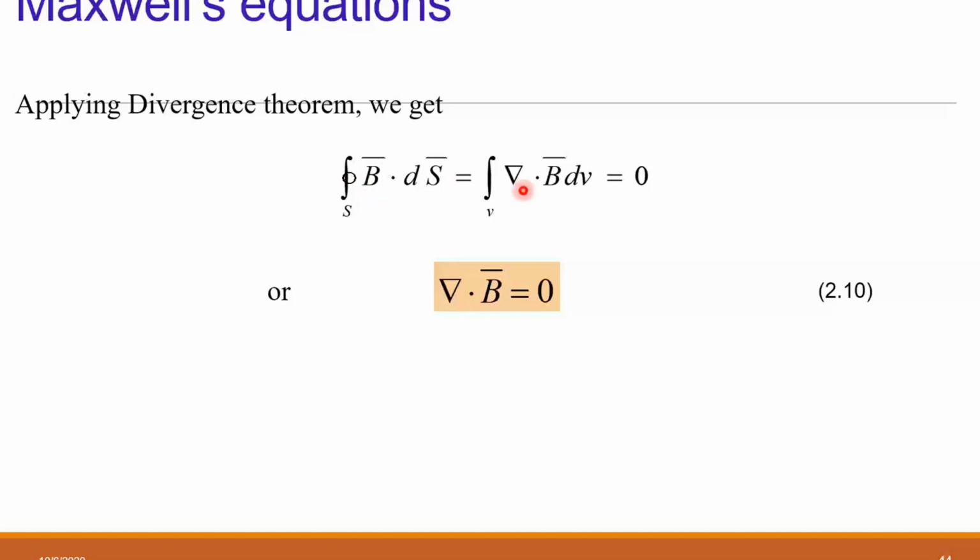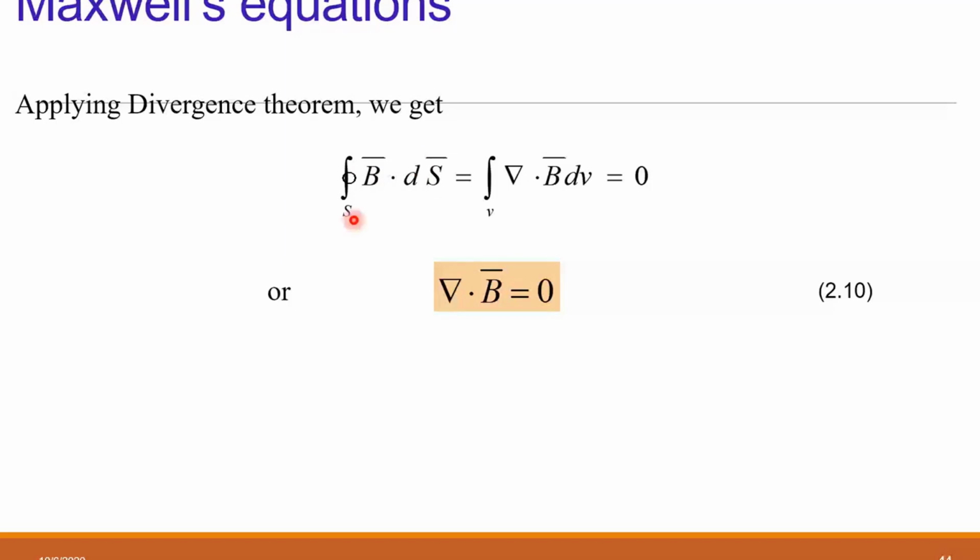Now if I apply the divergence theorem to this equation, what can I write? Closed surface integration is equal to volume integration. The surface integral of B bar dot dS bar is equal to the volume integral of del dot B bar dv. The divergence theorem we can apply to any vector quantity.